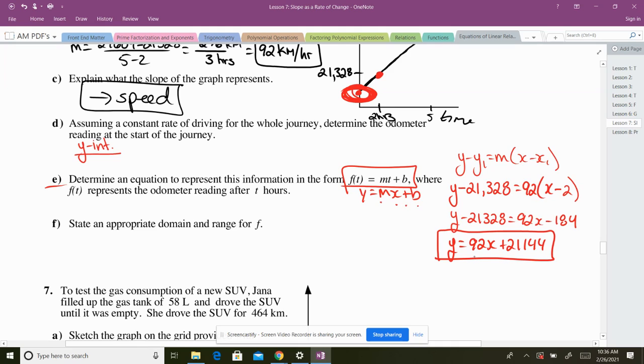Mx plus b. Mx plus 21,144, right? So the y-intercept is 21,144 kilometers. That was the reading on the car, on the odometer before you left. Okay?